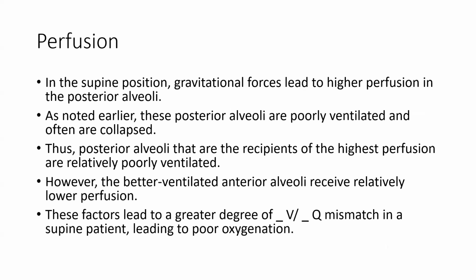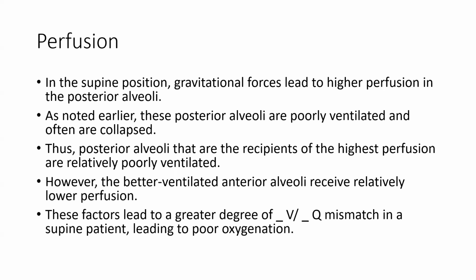Now the next thing which is changing in prone position is the perfusion. What happens in the supine position? The gravitational forces lead to higher perfusion in the posterior lung. But even if the perfusion in the posterior alveoli is high, the alveoli present in the posterior region are compressed.